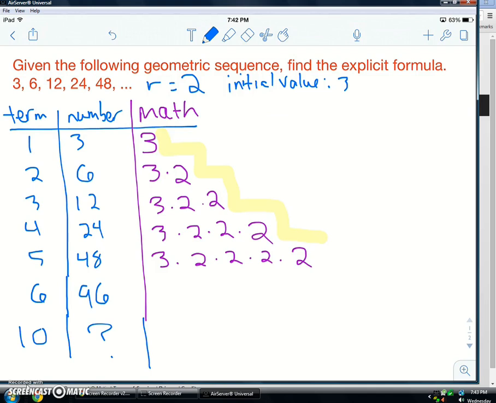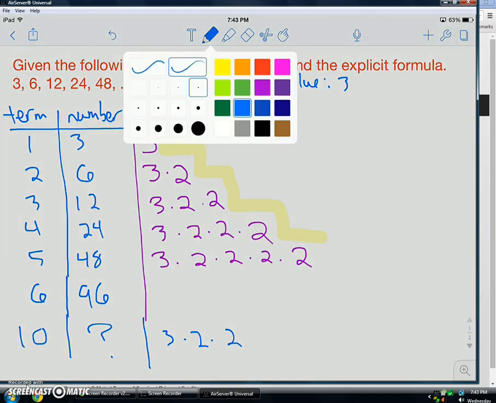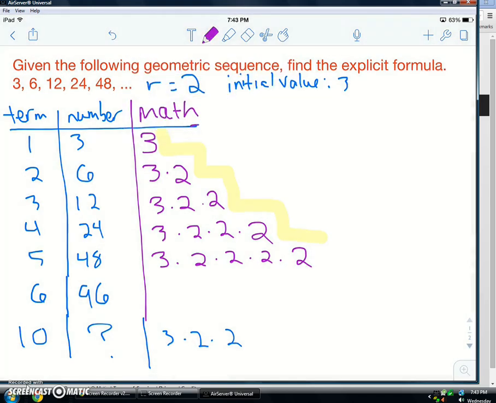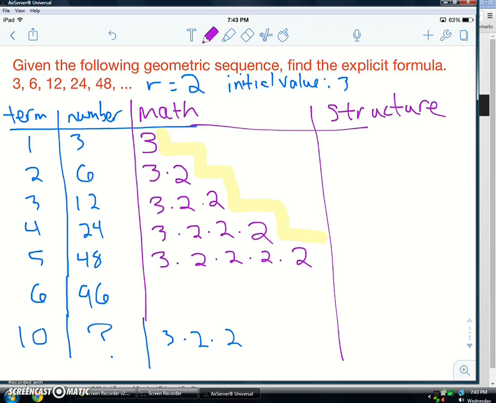Or you could break out the math over here and have 3 times 2 times 2, but then you'd have to figure out how many 2's there are. So we're going to extend this table one more length here, and we're going to break the math down and create a structure that looks a little cleaner.